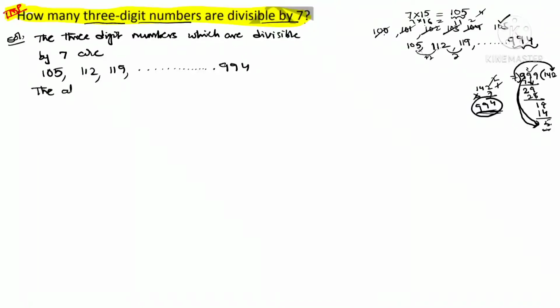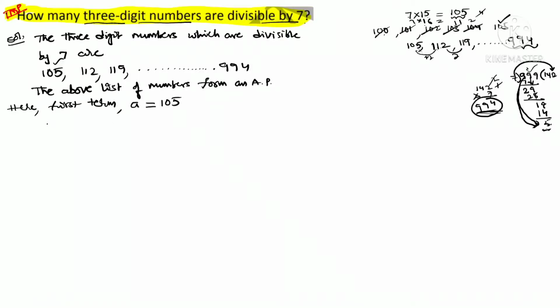The above list of numbers, same as our previous question, forms an AP. Once this is declared as an AP, our first task is to write the first term. What is the first term? The first number is nothing but the first term, 105.